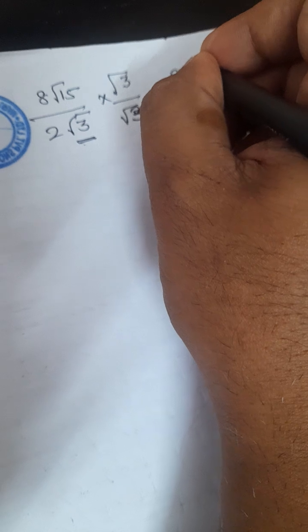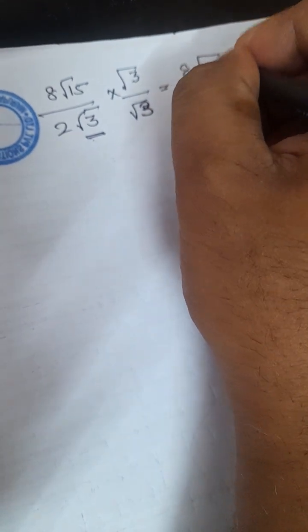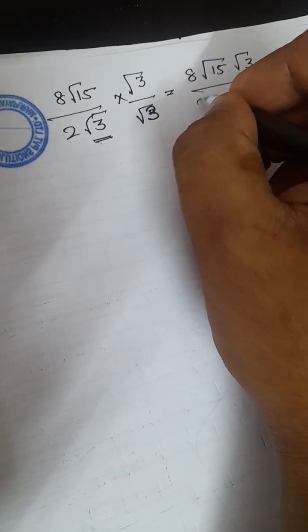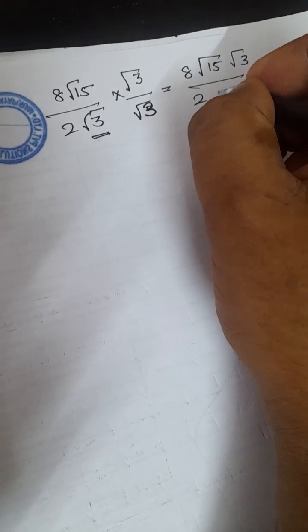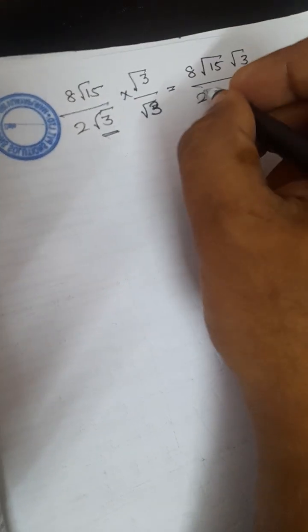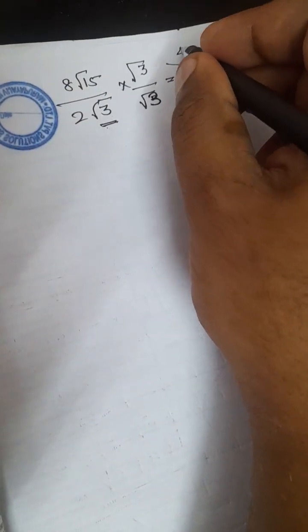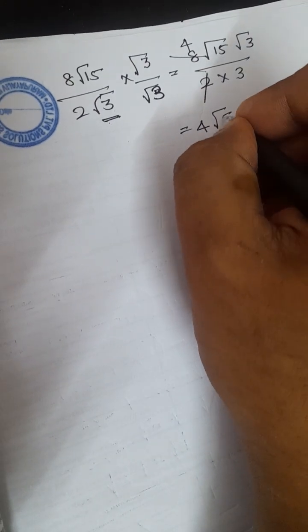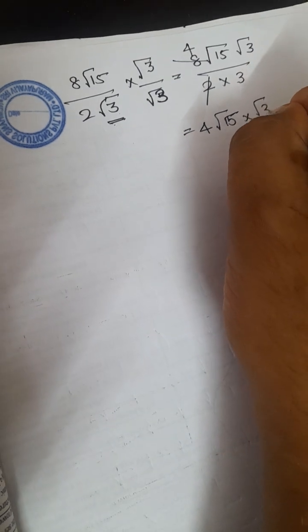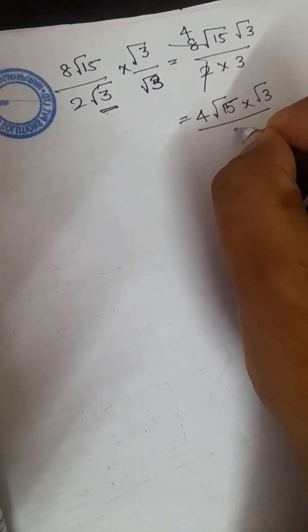So this is equal to 8 root 15 into root 3 divided by 2, root 3 into root 3 which gives me 3. 2 ones are 2, 2 fours are 8, so I am left with 4 root 15 into root 3 divided by 3.